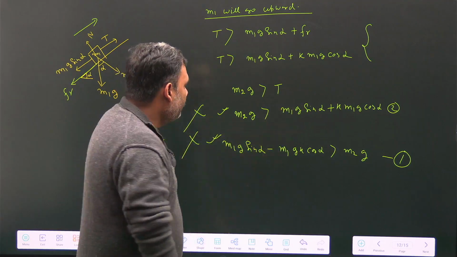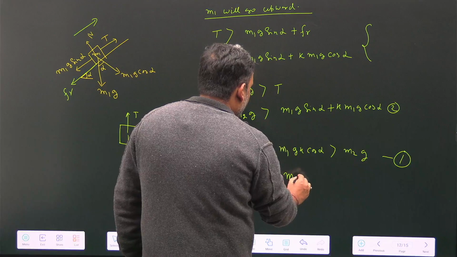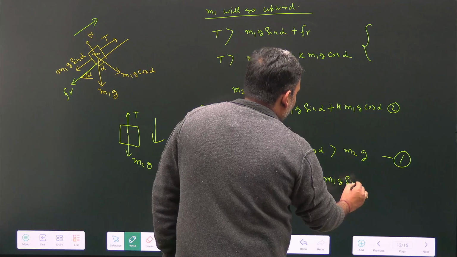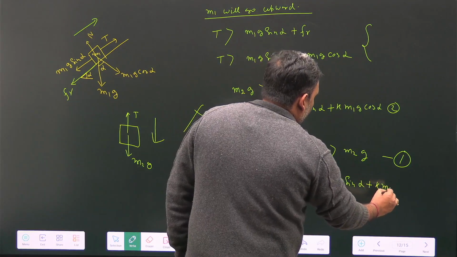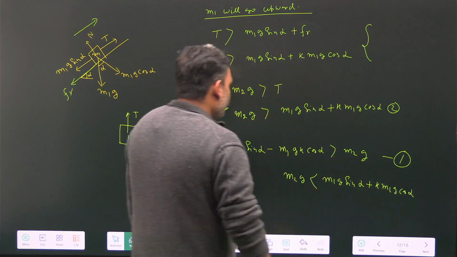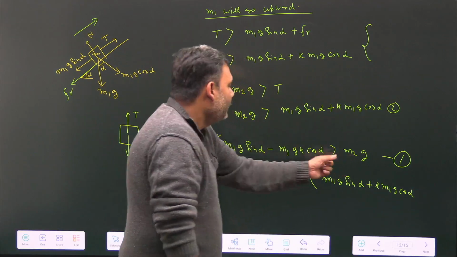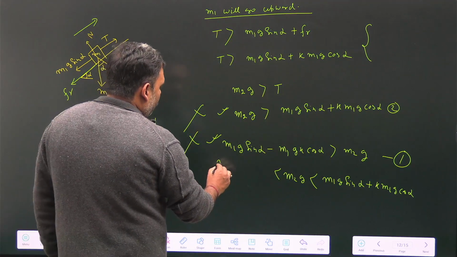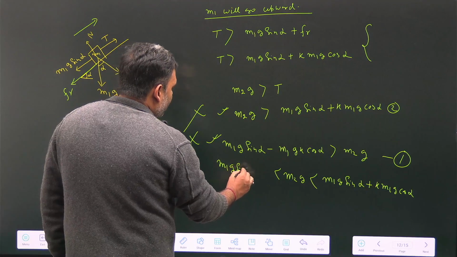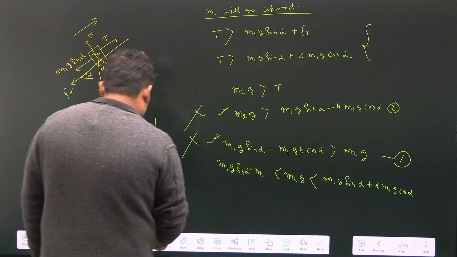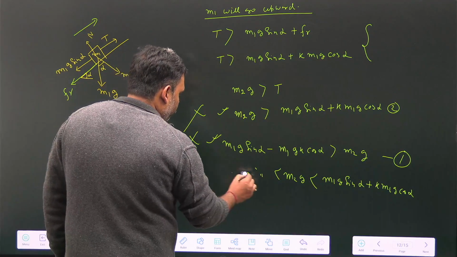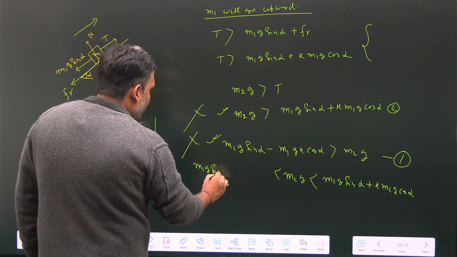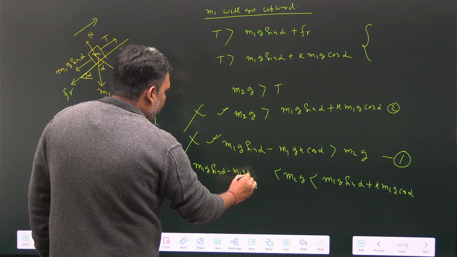It will not happen. That means you have m2g must be less than m1g sin alpha plus k m1g cos alpha. And if m2g is smaller than this then motion is happening, so it has to be bigger than this. So that should be bigger than m1g sin alpha minus m1g k cos alpha.